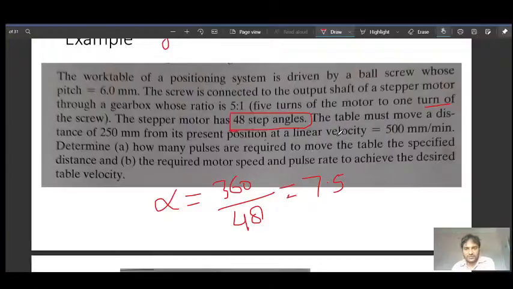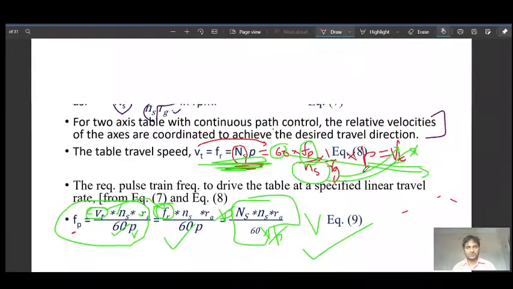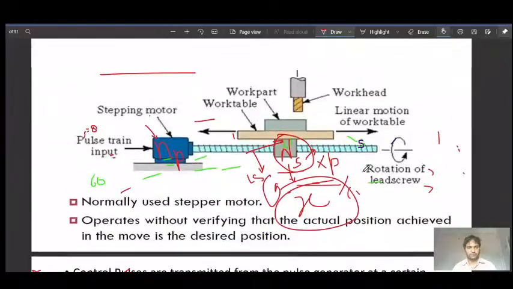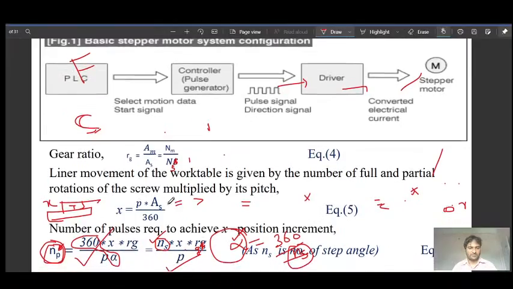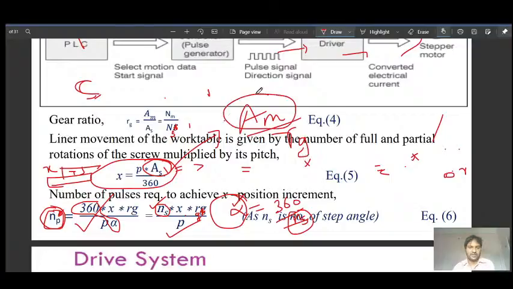Again, what is the distance moved? We have this formula. To get this, somehow we have to find the AS value. So how to get the AS value? AS value we will use in the form of AM by RG. If we get the AM value, the total angle, and divide by the step angle, we will get the number of pulses.